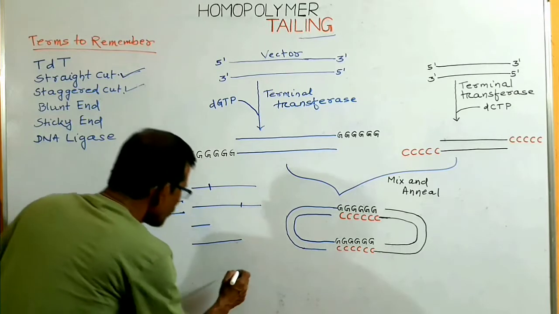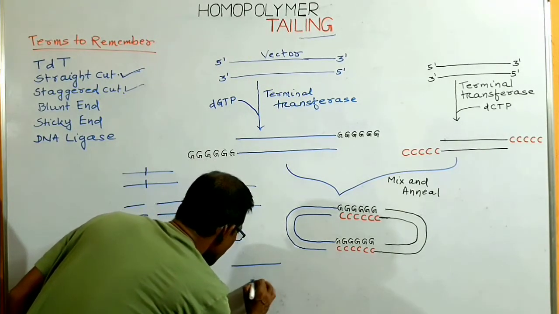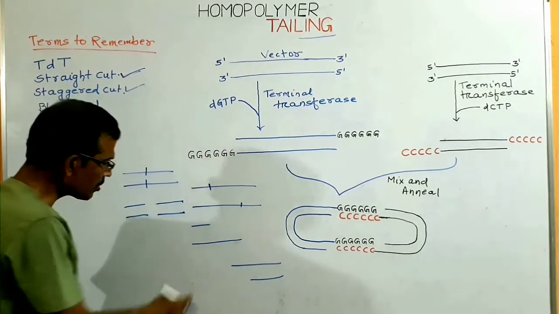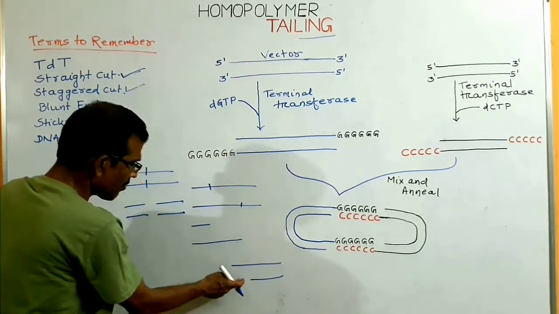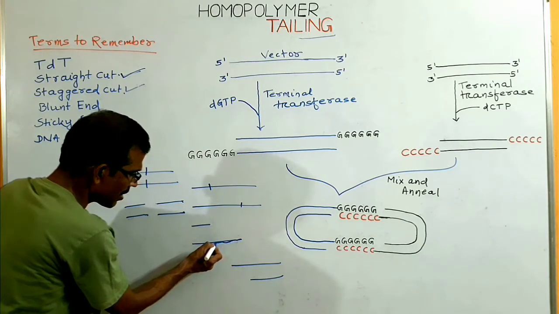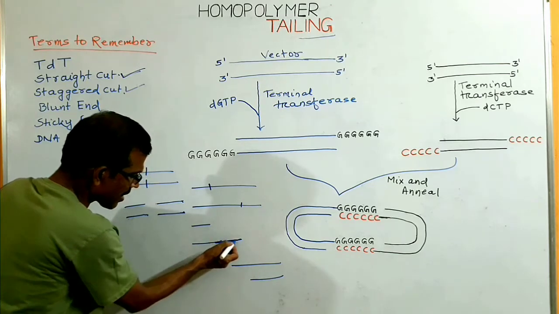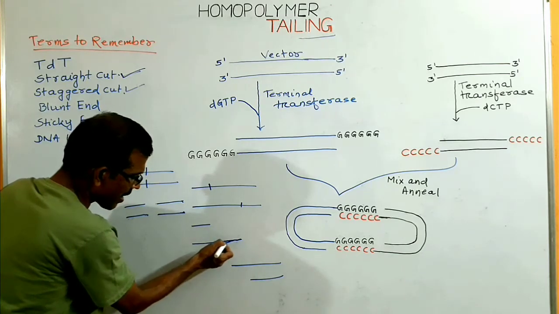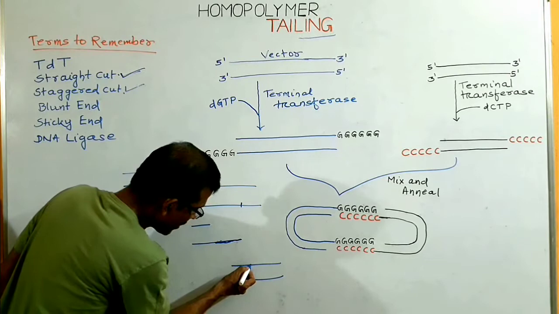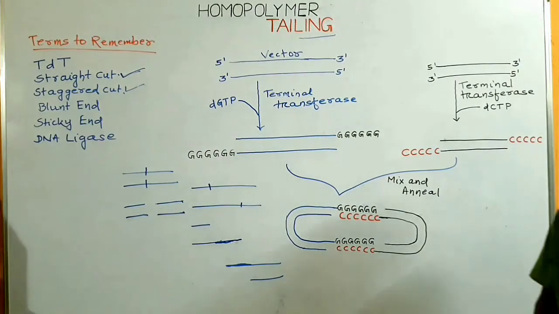This is one DNA fragment, and this is another. In these two fragments, you see there is some single-stranded protruding tail. This is the protruding end. Such a single-stranded protruding end is known as a sticky end or cohesive end.